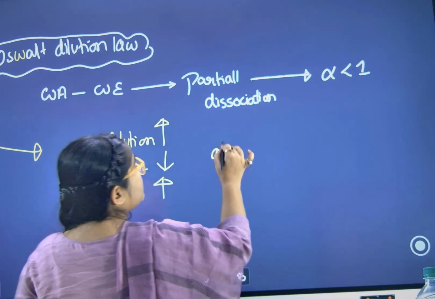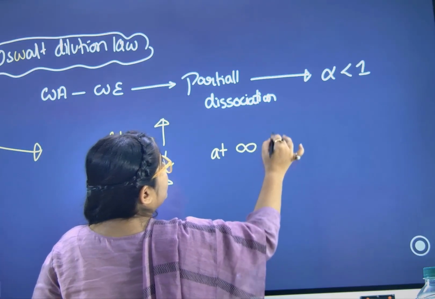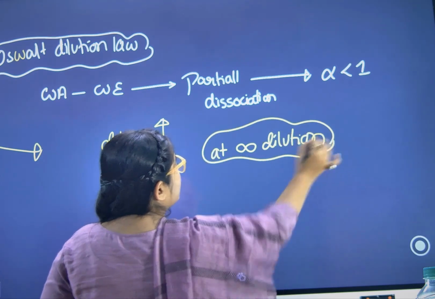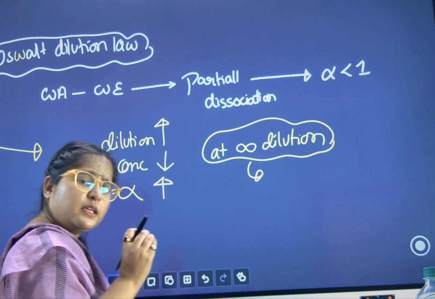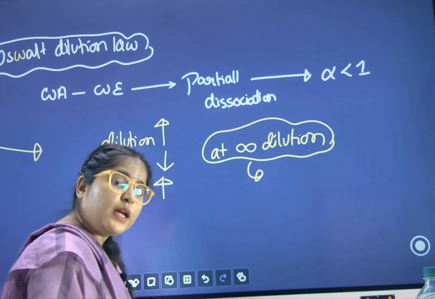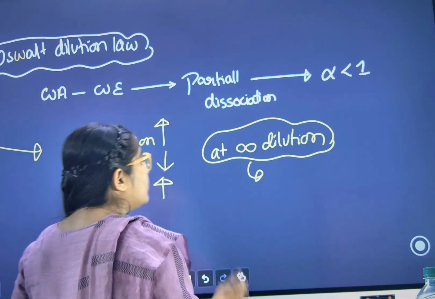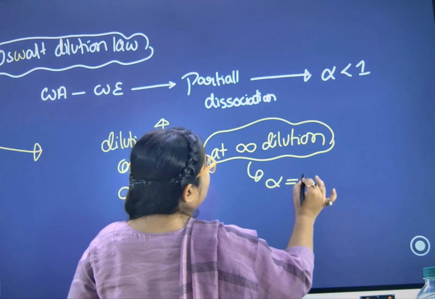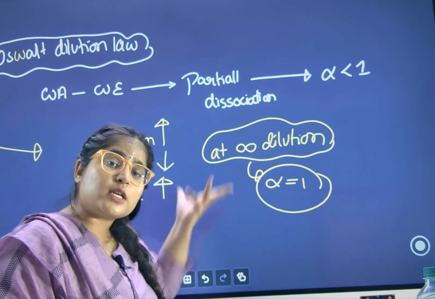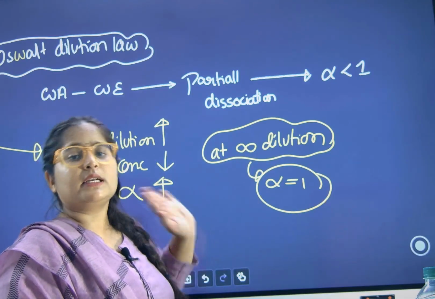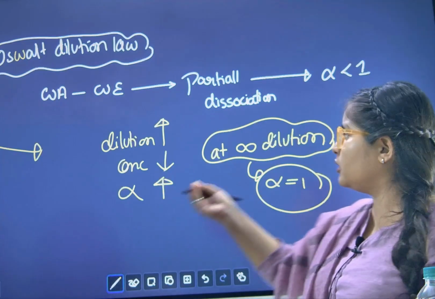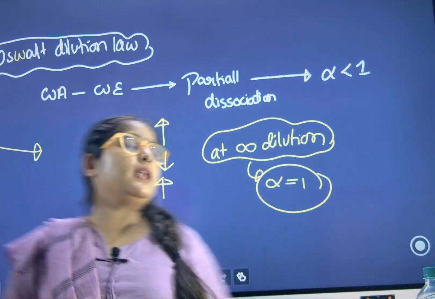So at infinite dilution, alpha will increase. How much will it increase? Alpha will become 100% dissociation. So at infinite dilution alpha will become 100% dissociation. This is all about Ostwald dilution law. Clear? Okay, now let us solve.